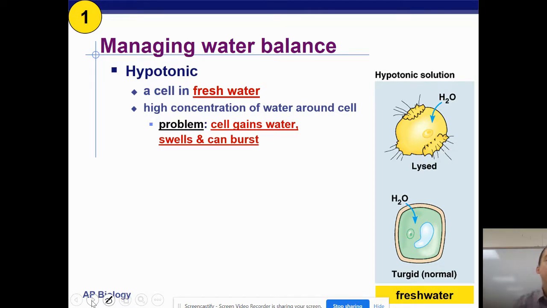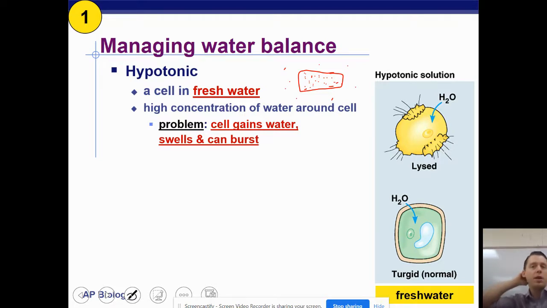If this is my cell and there's stuff dissolved in the cell, and the solution surrounding the cell is hypotonic, the solution has less stuff dissolved, right? So water is going to go from a high water concentration to a low water concentration, and that means it's going to go into the cell.